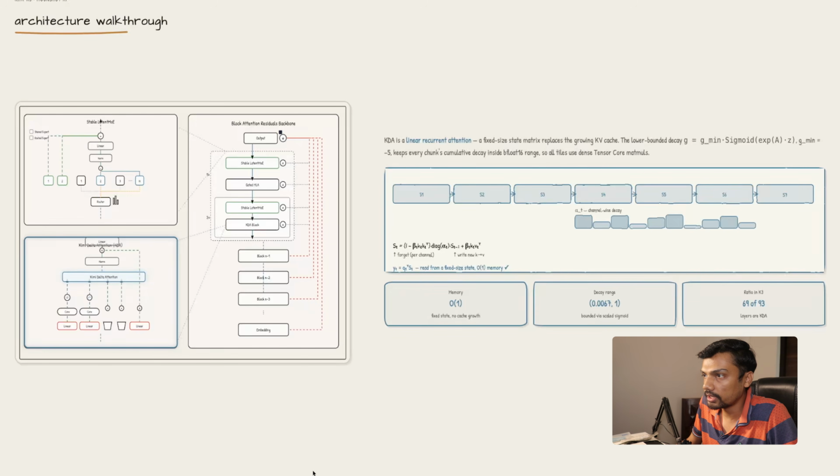S of t is (I minus beta t dot k of t and k of t transpose), times the diagonal of alpha of t, dot S of t minus 1, plus beta t dot k t and v t transpose.